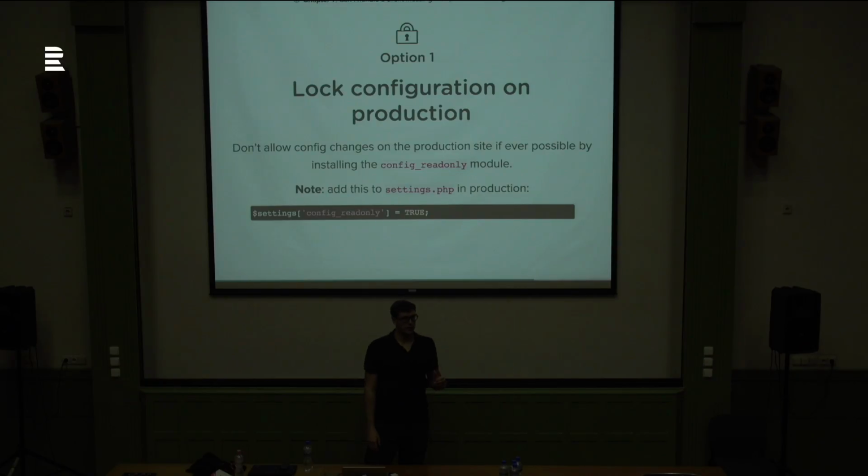And this is a good solution if you have other ways of making your client happy. But in some situations, you cannot do that. You cannot completely turn off the configuration on the production.